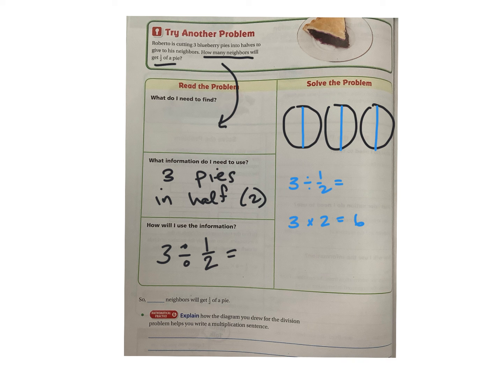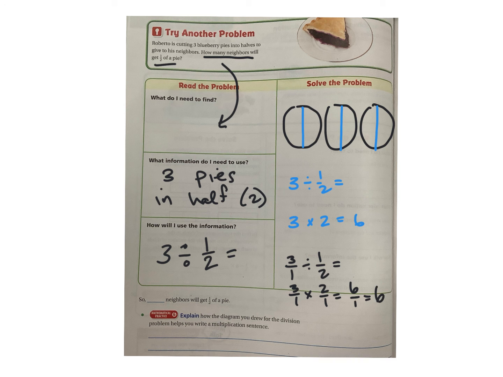The step that you're going to get later, once your brain wraps around this, is just like we did in multiplication, where I said change everything to a fraction. So looking at this again, change everything to a fraction: 3/1 divided by 1/2. And the step you're going to be given is to use the reciprocal, the flipped version of the second fraction. So we flip it over and multiply instead. 3 times 2 is 6, and 6/1 is the same as 6.